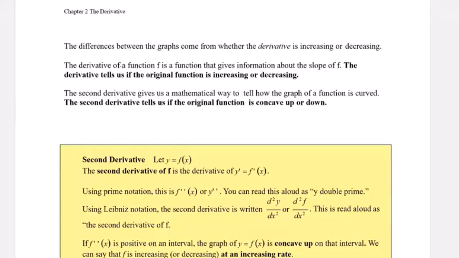So remember, if I have a graph, I start with a parabola, because we're all really familiar with a parabola. Okay, here's my parabola.